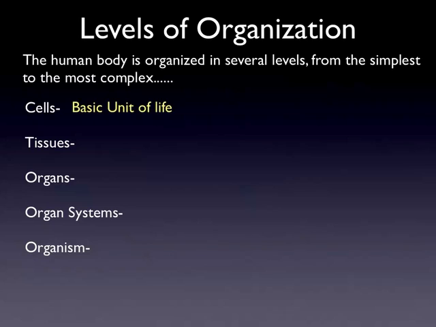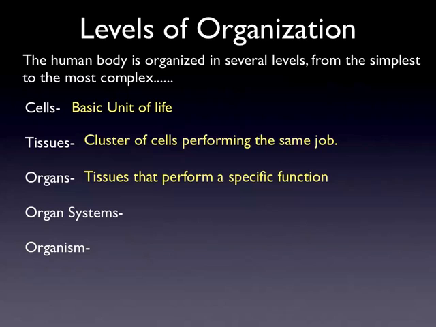So cells, which are the basic units of life. And these cells work together, they form tissues. A cluster of cells that are working together to accomplish some task is a tissue. A bunch of tissues working together at some task form an organ.